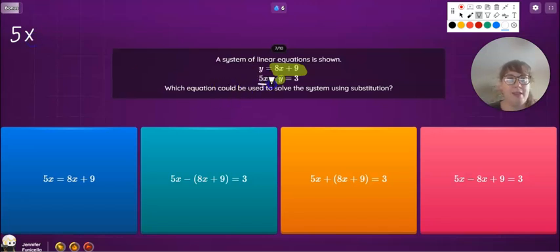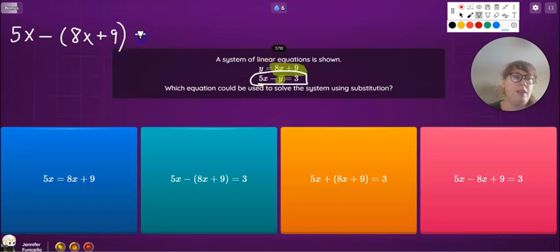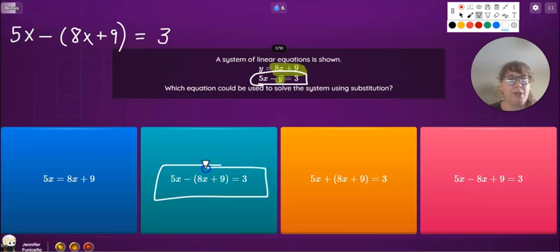So we have 5x minus y, but we know that y is 8x plus 9 according to our top equation, and that is going to equal 3. And we see that option, it's still in parentheses, so that's what we're looking for in our answers. 5x minus (8x plus 9) equals 3 for question 7.